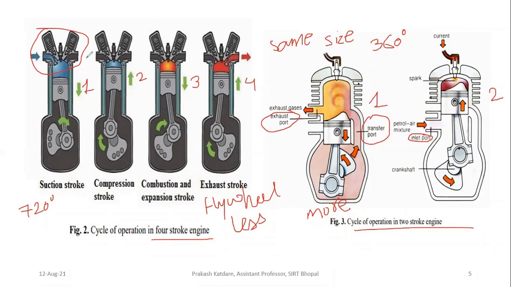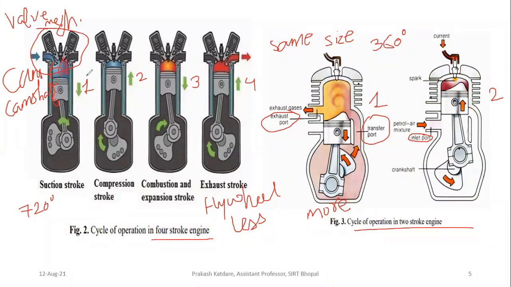So in case of four-stroke, since we have valves, we have to place a valve mechanism, which will consist of cam and follower system and camshafts. Because of this valve and valve mechanism, the cost of our four-stroke IC engine will be high as compared to two-stroke engine.